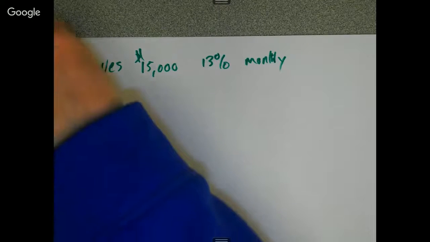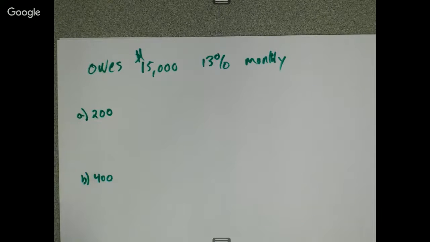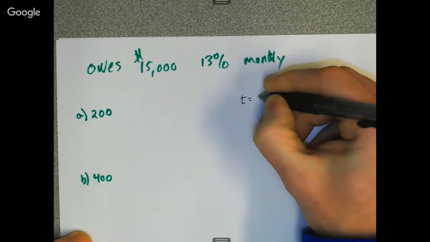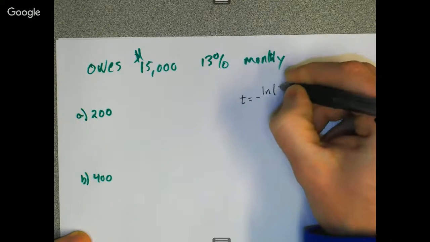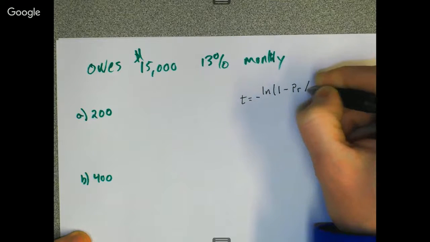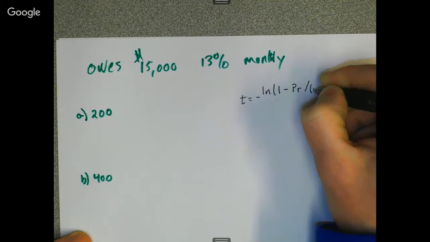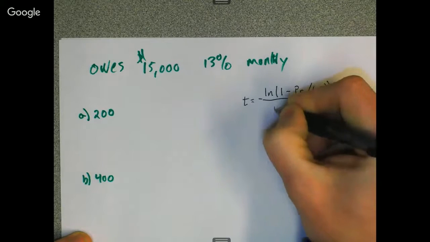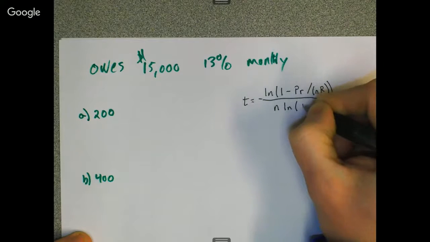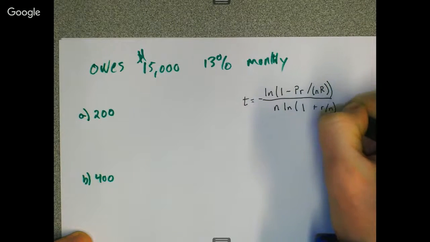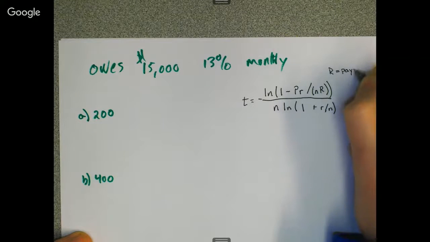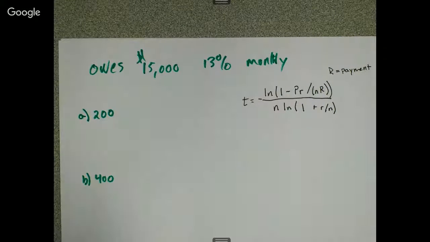Okay, well, the book actually gave you a formula for this. And the formula is t equals negative ln of 1 minus PR over N, all divided by N ln of 1 plus R over N. And it says that R is your payment. Okay, so super easy. I just got to plug in my numbers and put it into the calculator.